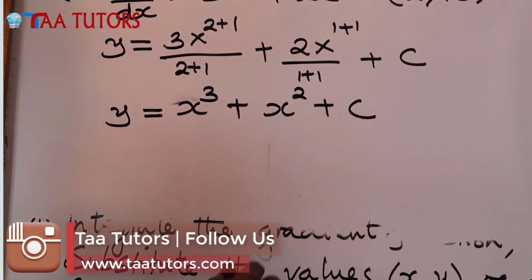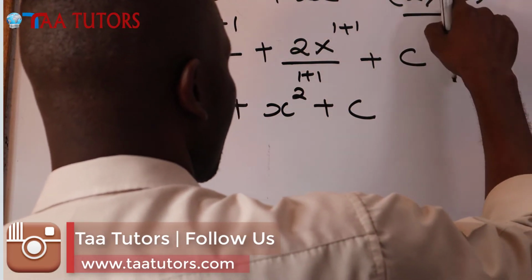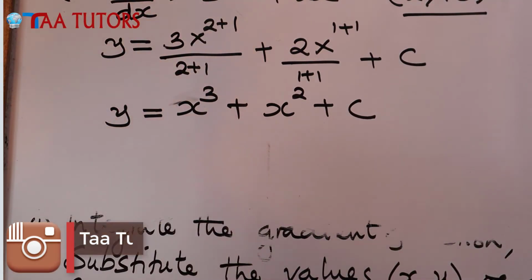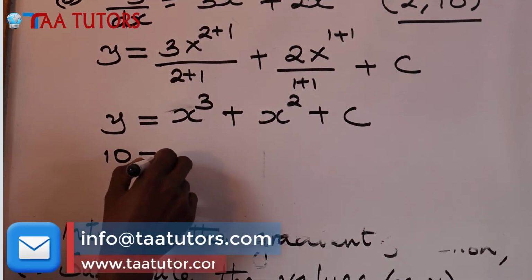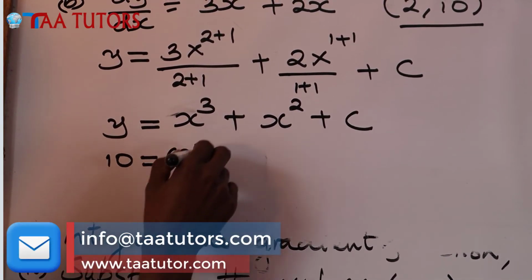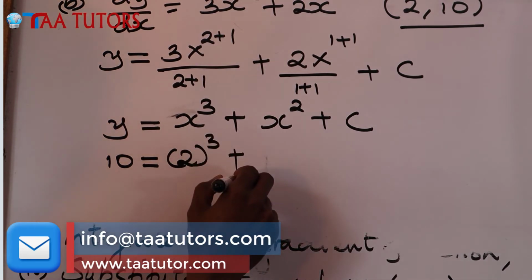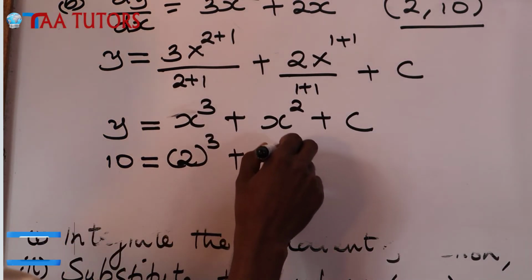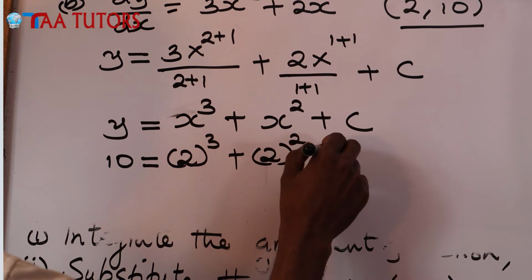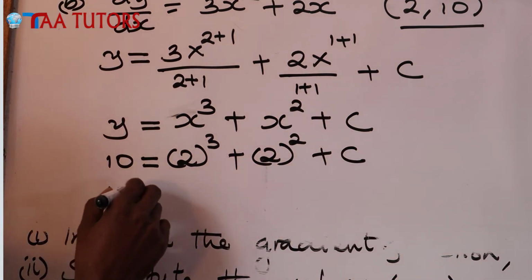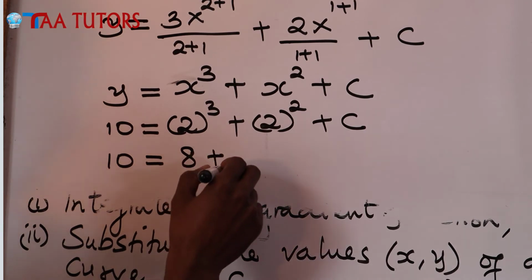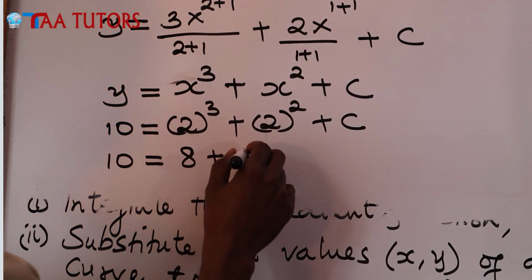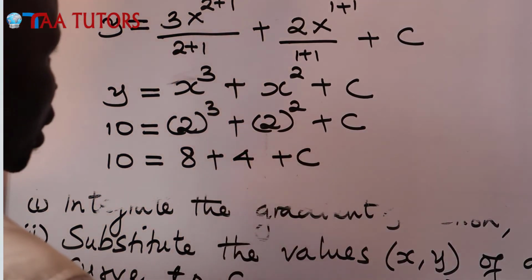Then we substitute 2 for x and 10 for y. So y is 10, x is 2 cubed plus 2 squared plus c. This is 10 equals 2 cubed is 8 plus 2 squared is 4 plus c.